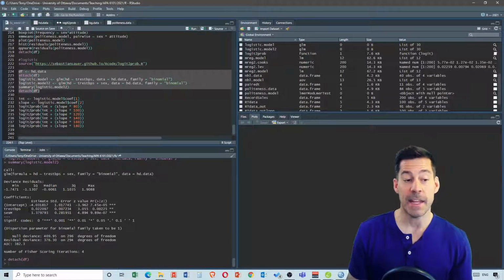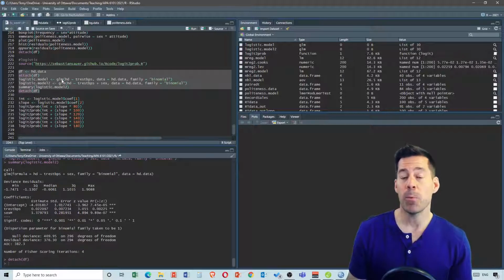And with each increase in resting blood pressure, there is an increase of 0.022 log odds. We also see that our AIC has decreased now to 382, which suggests this is a better model. Indeed, both of the predictors are significant: 0.002 for blood pressure and 9.89 times 10 to the negative 7 for sex.